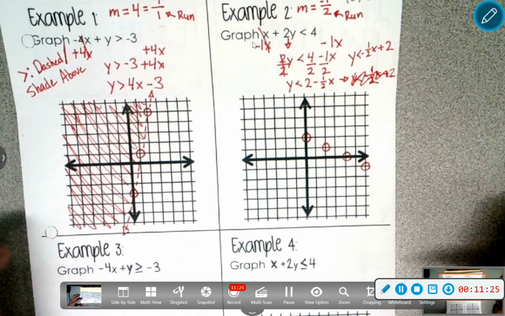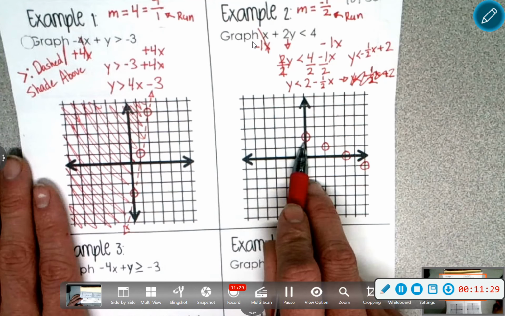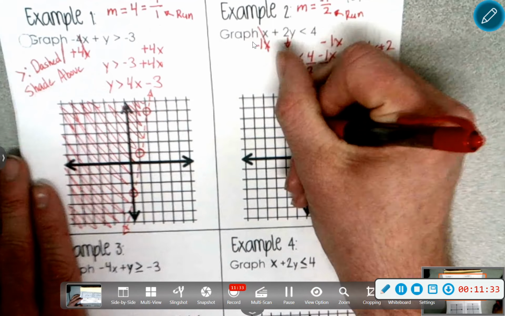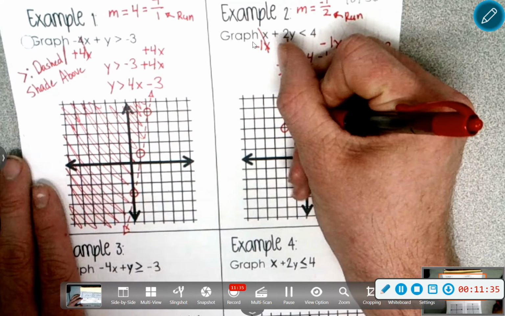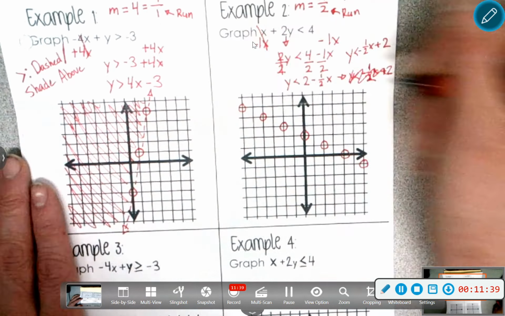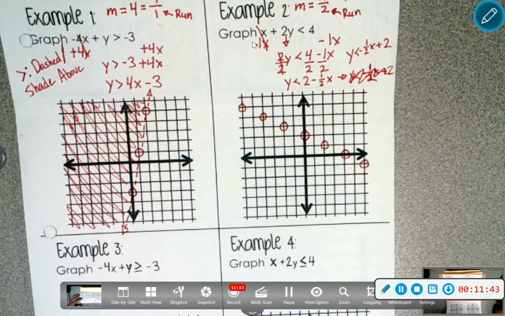So instead of down and right, I'm going to go up and left. Up 1, left 2. Up 1, left 2, and now I have my points graphed.